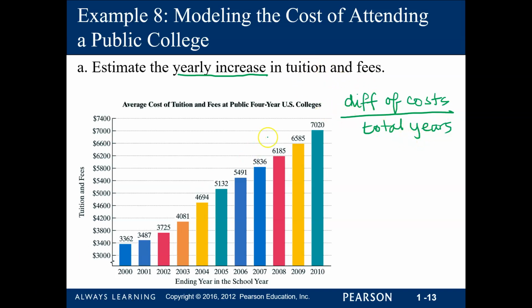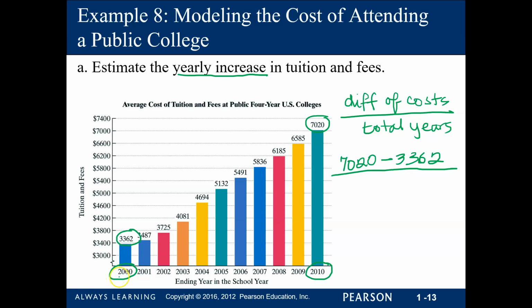In this case, the highest cost of the tuition fee, the latest, happened in 2010, and the highest cost was $7,020. The initial value for this data was in the year 2000, and we began with $3,362. So the difference of the cost would be written as 7,020 minus the original value, 3,362. Then we need to divide that difference by the number of years.